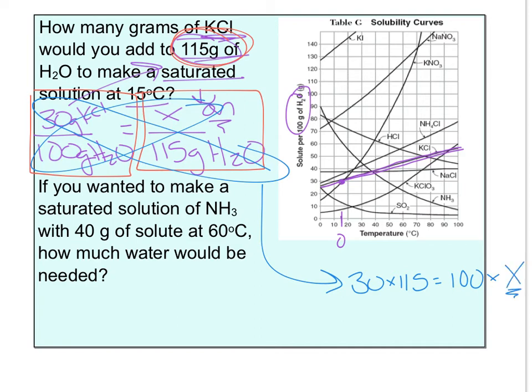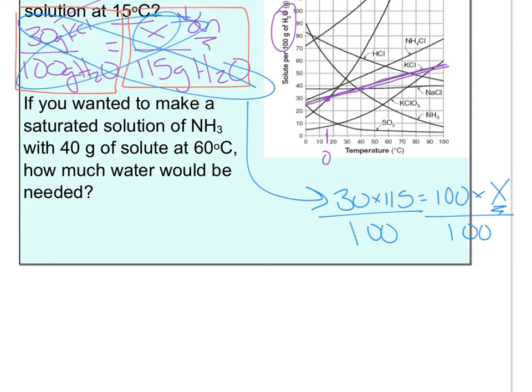Remember, this is what I want to figure out, how many grams in 115 grams of water. So I multiply those together, divide by 100 on both sides, and that gets me about 34.5 grams of KCl.